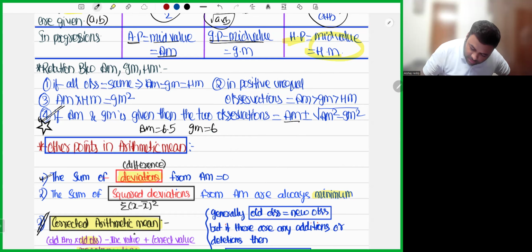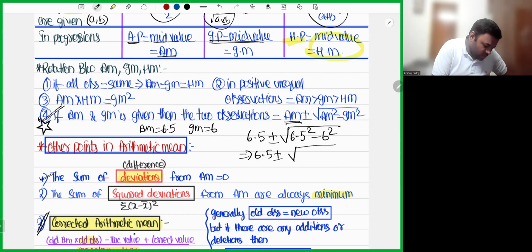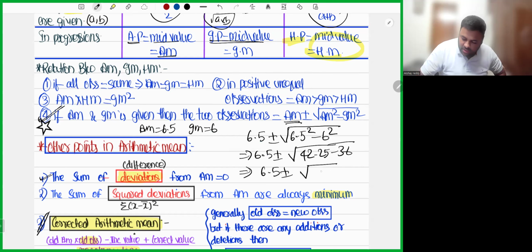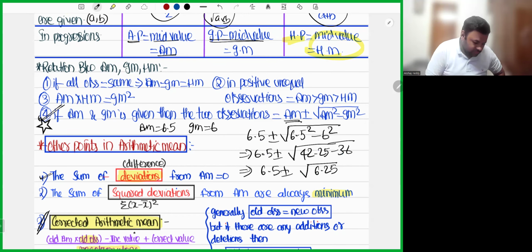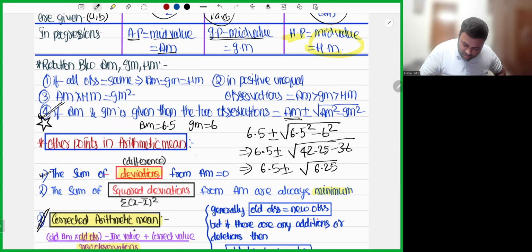AM, 6.5, plus or minus the root of AM square, 6.5 whole square, minus GM square. So 6.5 plus or minus the root of 6.5 whole square, which is 42.25, minus 36. 6.5 plus or minus the root of 6.25.